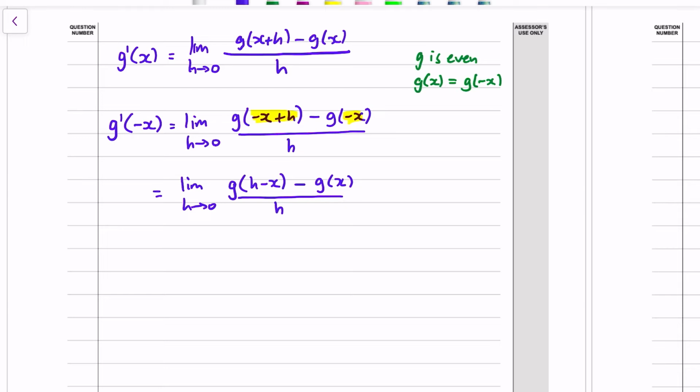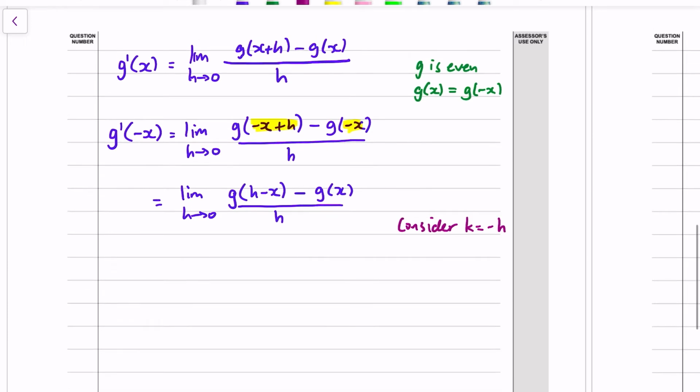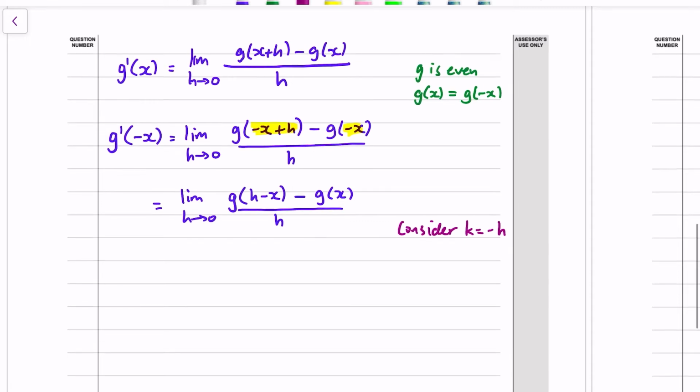They've said consider k is equal to negative h. I didn't flip, my bad.